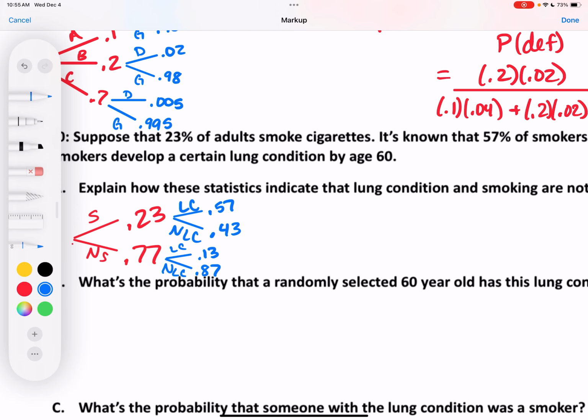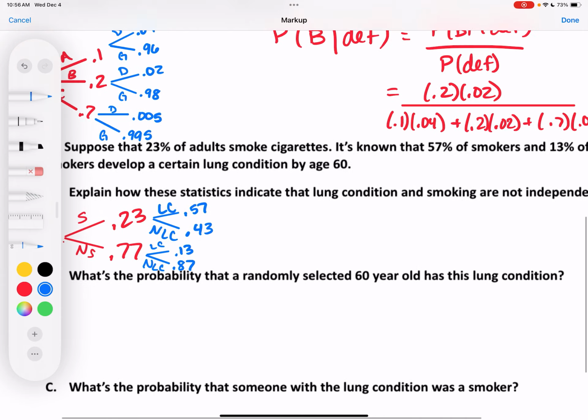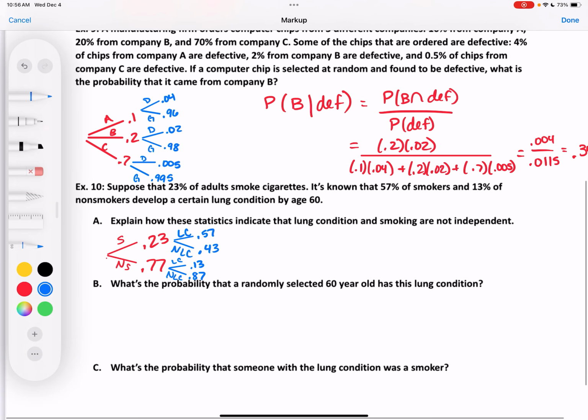All right, so the way that we're going to set up this one to check for independence is a little different. The setup of it is the same, but where we're going to get the numbers from looks a little different. We don't really have to do any math for this one. So we're going to say that the probability of smoking, because that's the number that they gave us, is equal to the probability of smoking given that they have a lung condition.